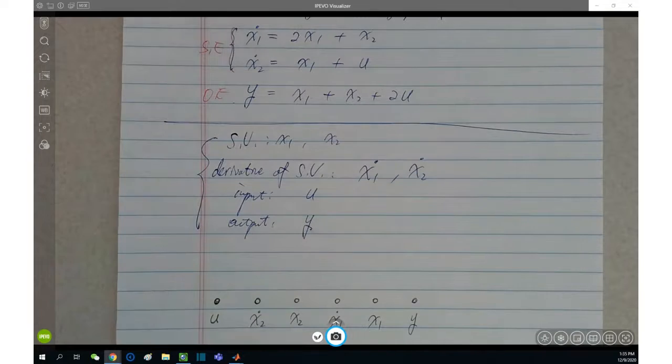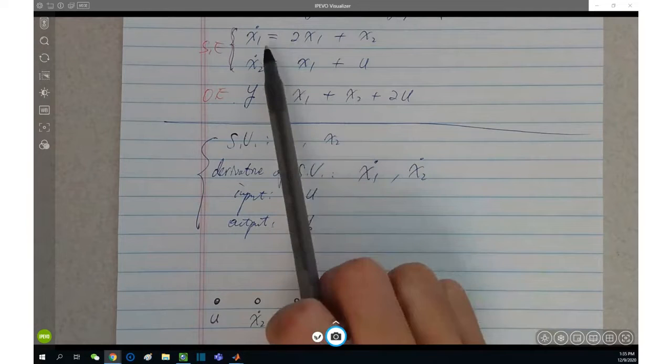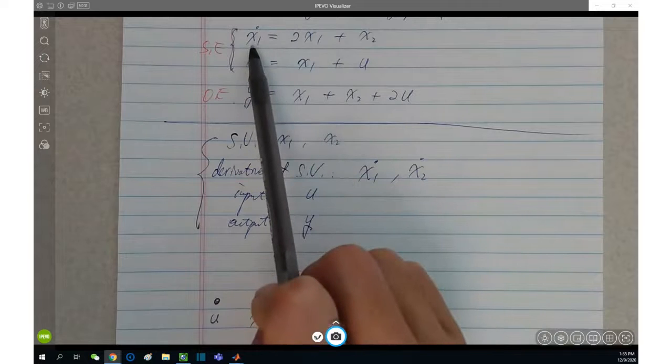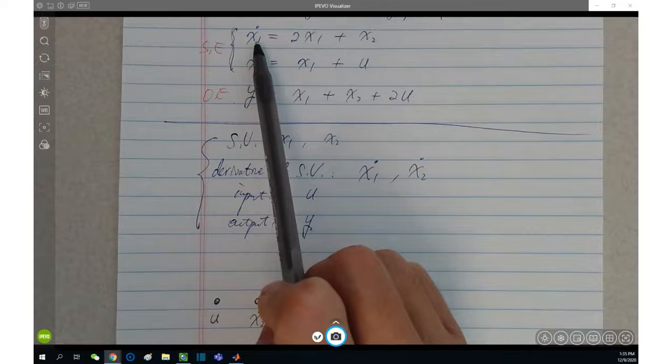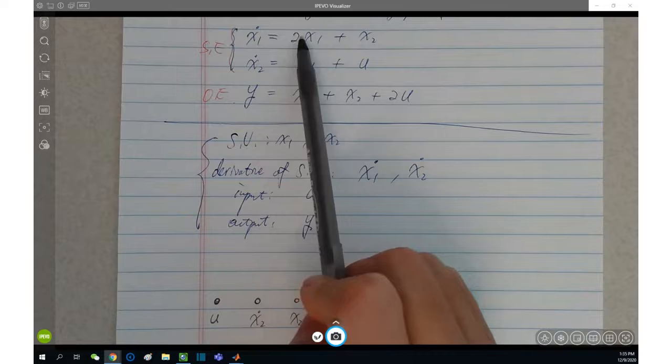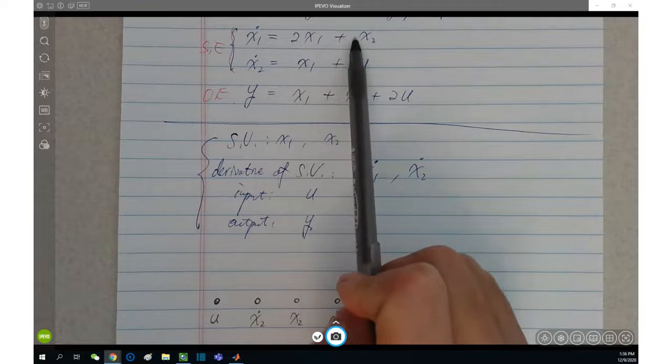The second step is to interconnect them based on the given equation coefficients. How to do this? You need to go back to the given state equations and output equations and read them carefully. For example, first: x1 dot equals what? x1 dot equals 2 as a coefficient times x1 plus 1 as the coefficient times x2.